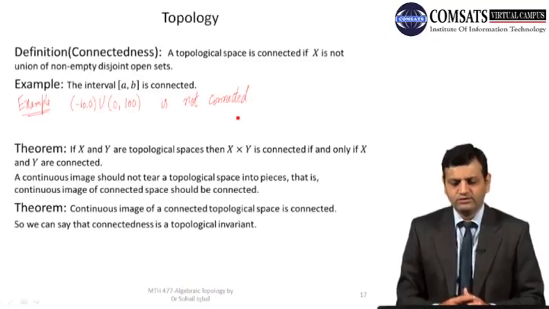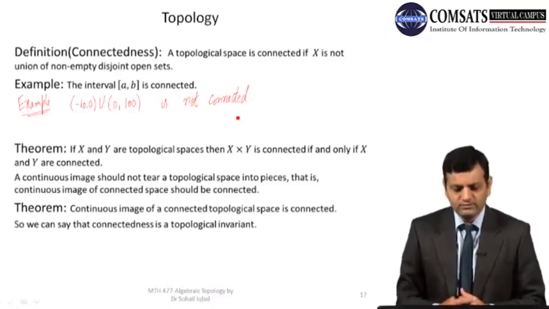Under this continuous image, we can observe that if I have a connected object, then this connected object should remain connected, because we are not allowed to tear it under the continuous image. So our next theorem says that the continuous image of a connected topological space is connected.